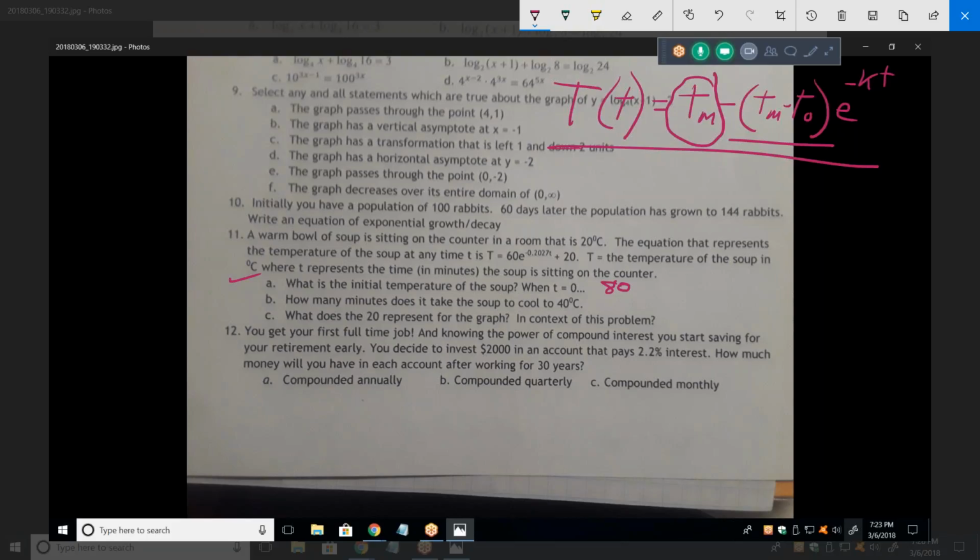How many minutes does it take the soup to cool to 40 degrees? So what equation am I going to write?